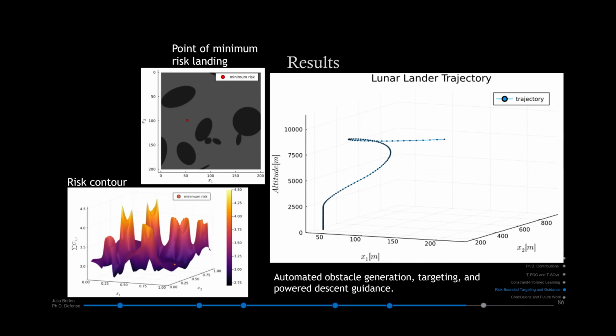But also, if you wanted to see all landing locations of a certain risk level, you could filter that out and choose a different landing location that fits your desired risk level. So this allows for automated obstacle generation, targeting, and then power descent guidance.